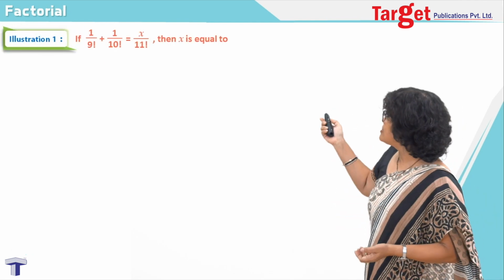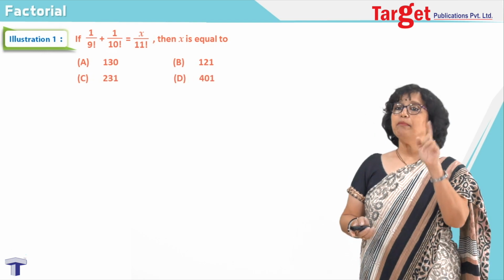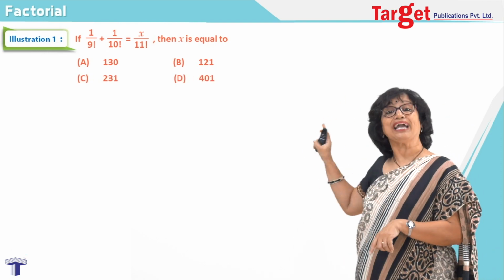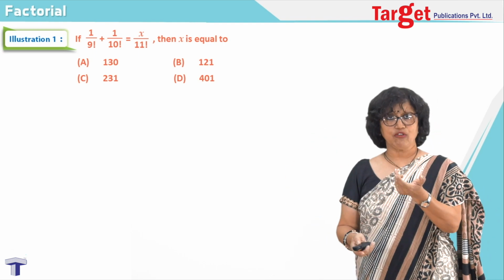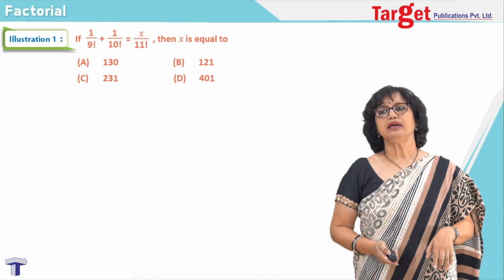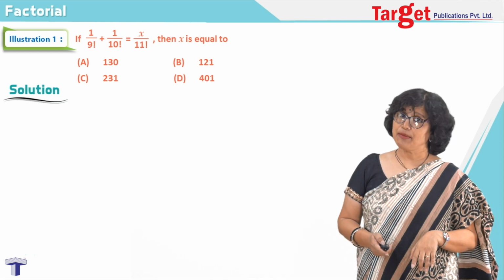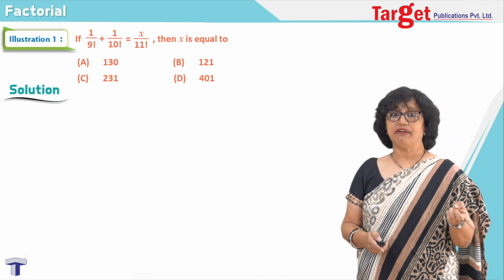Now, my first illustration is 1 upon 9 factorial plus 1 upon 10 factorial equal to x upon 11 factorial, and we have to get the value of x. Four options are given and we have to pick up obviously the correct option. Now, from where do we start? As I said before, somewhere in 10 factorial, 9 factorial is involved.